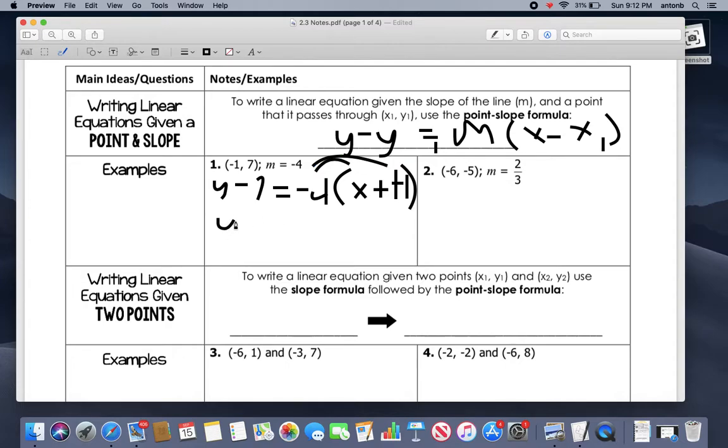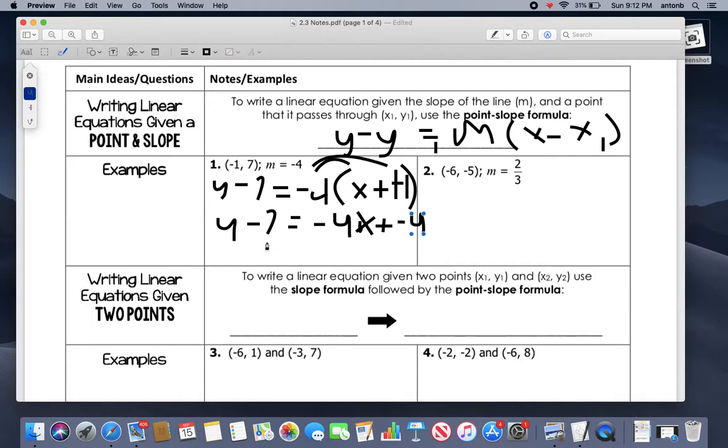And now we have y minus 7 equals negative 4x, sorry, my fault, negative 4x plus negative 4, because we distributed the negative 4 to the 1.